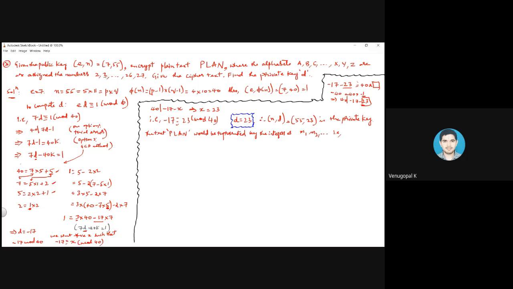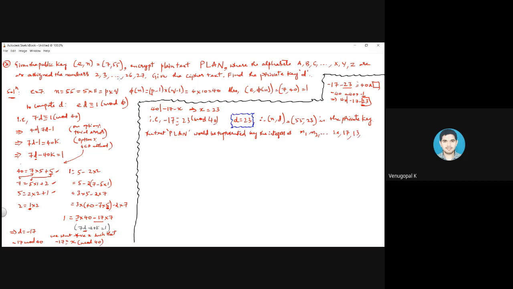According to this, where does our p come? P is the 16th letter, no? The first letter is given the number 2, the second letter is given the number 3. So the 16th letter will have the number 17. L is the 12th letter, so starting with 2, you will get 13.